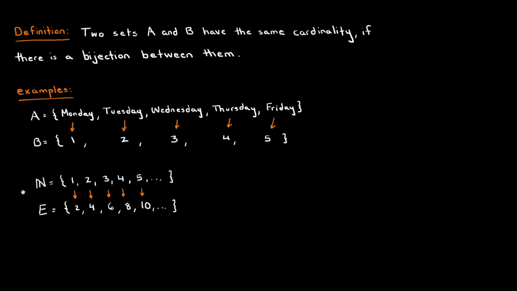This way of thinking helps us when we start looking at infinite sets. So for example, if we look at the set of natural numbers and the set of even numbers, these are both infinite sets. There's no way you can sit here and count all the numbers. What you want to do instead is create a correspondence. So you want to map 1 to 2, 2 to 4, 3 to 6, and in general you want to map n to 2n. This way, every single even number in this set will have a preimage, something that maps to that number.